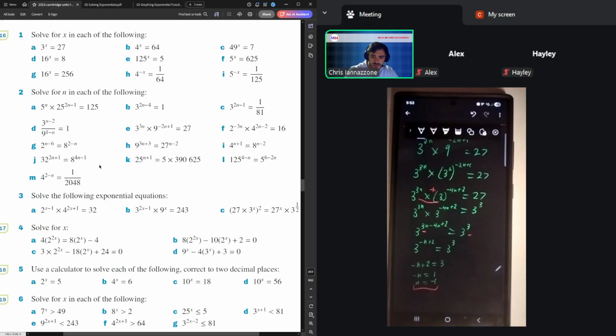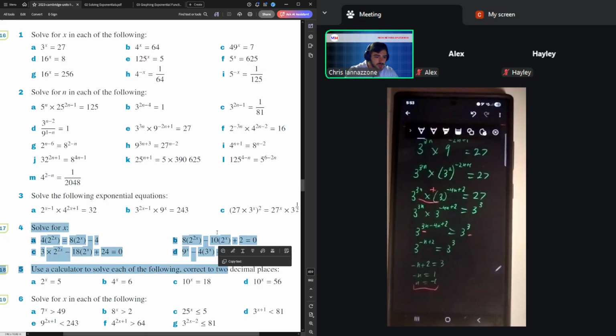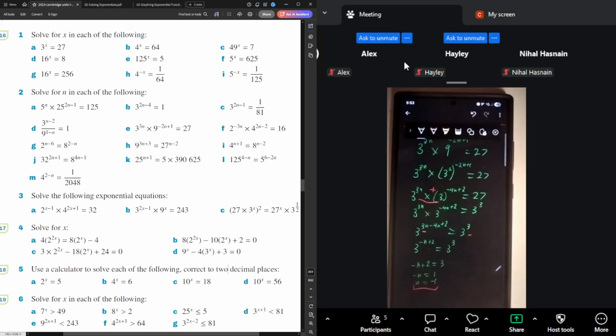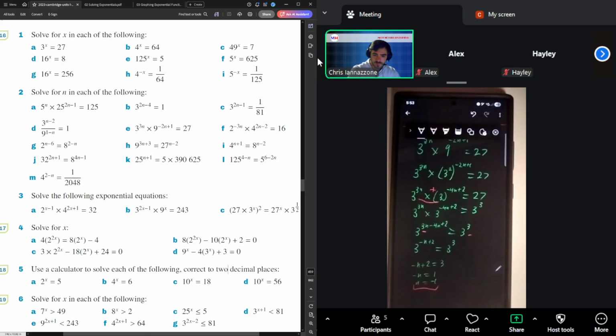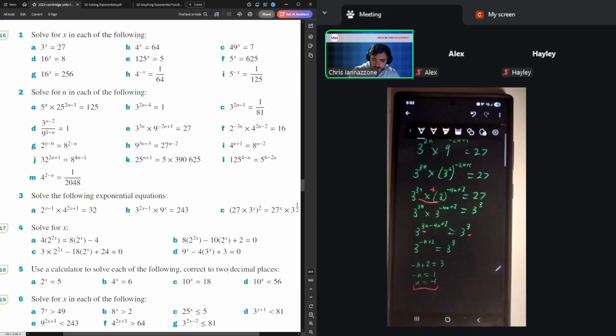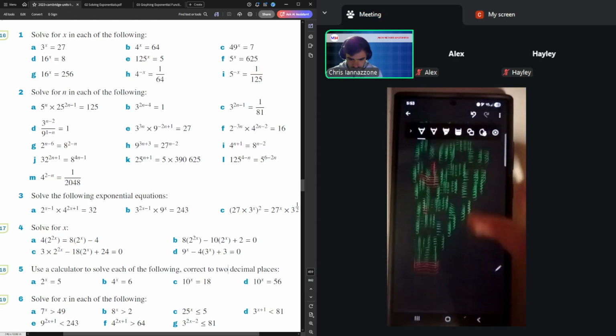Or do we move on to the quadratic solution approach? Okay, let's move on then.